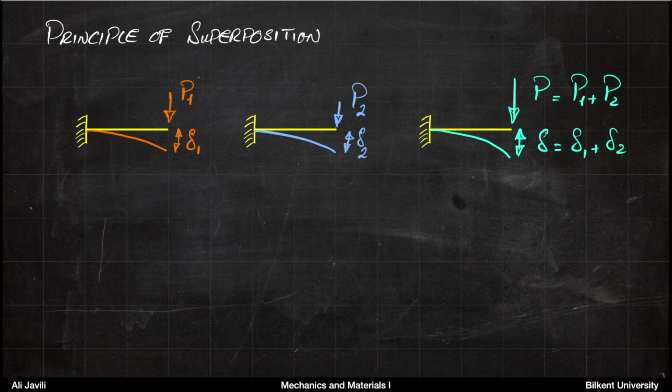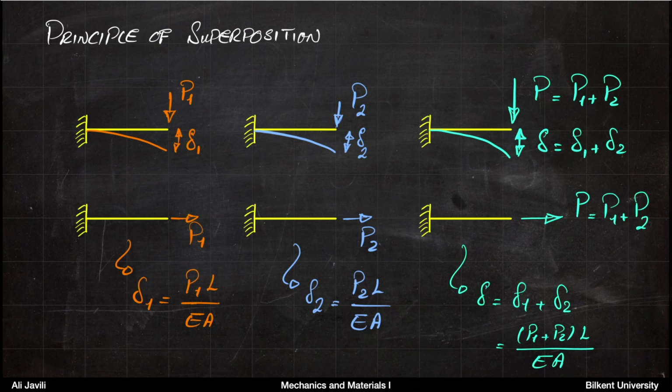Okay, so basically that means we want to superimpose system 2 on top of system 1. Okay, so if this property holds, then we would say we can use the principle of superposition. And if it doesn't hold, then that means we cannot use the principle of superposition.